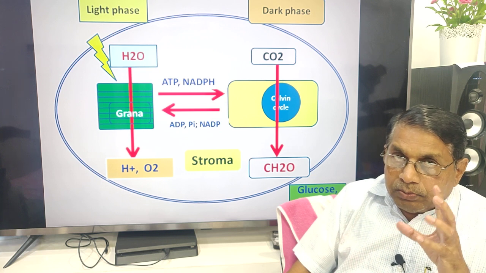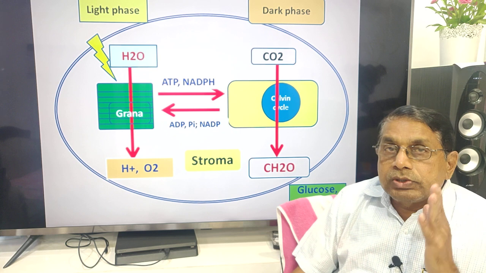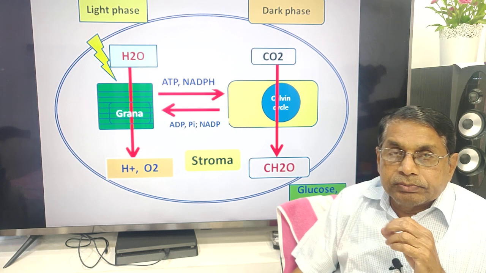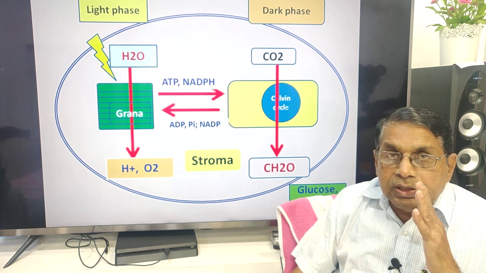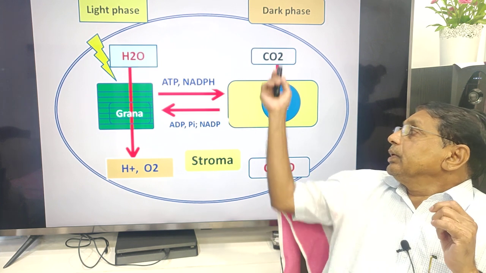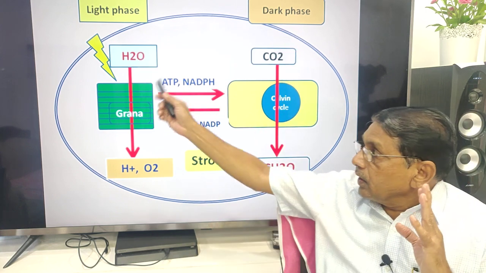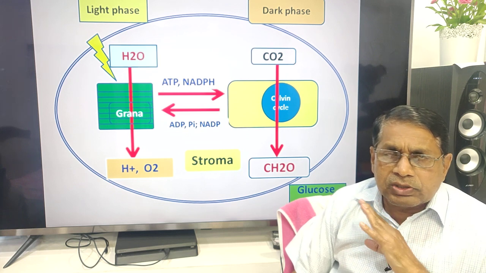Now, another important point you have to keep in mind is that for photosynthesis, carbon dioxide is required. But carbon dioxide is absorbed only during the dark phase reactions, not in the light phase reactions. For light phase reactions, carbon dioxide is not necessary.